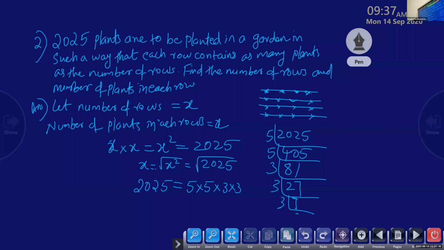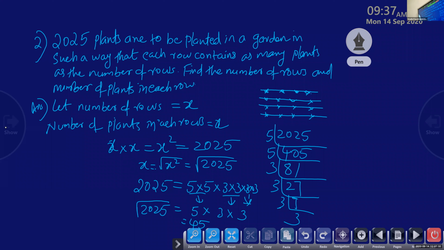So root of 2025 equals, from here 1 five, from here 1 three, from here 1 three, so it is equal to 45.